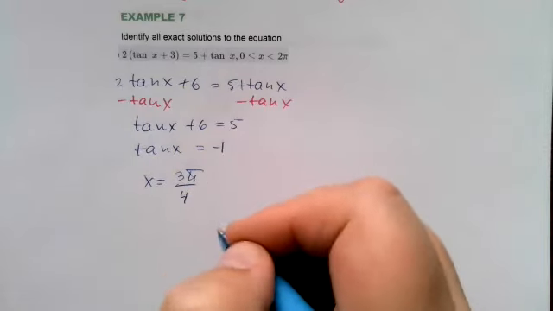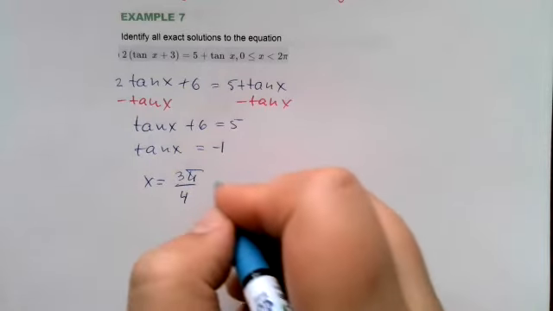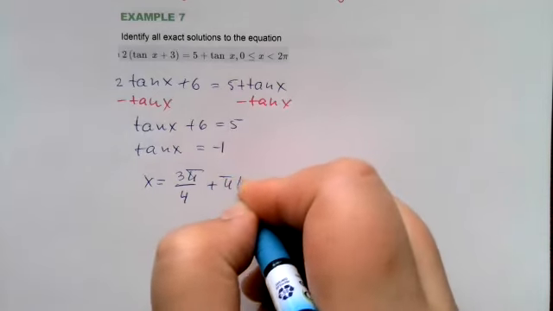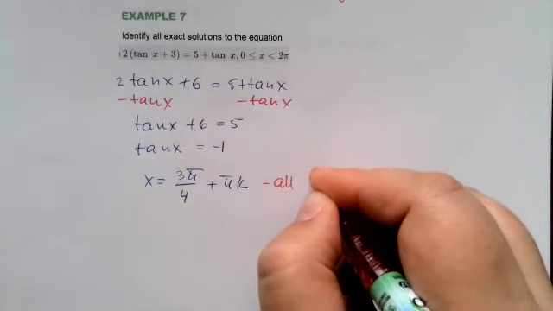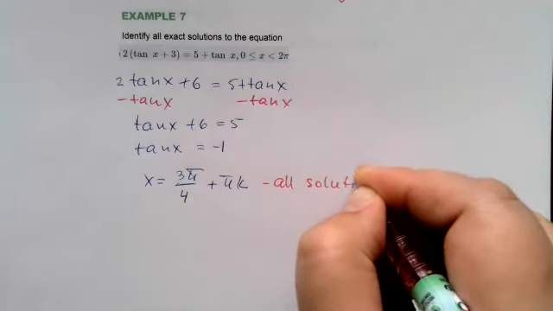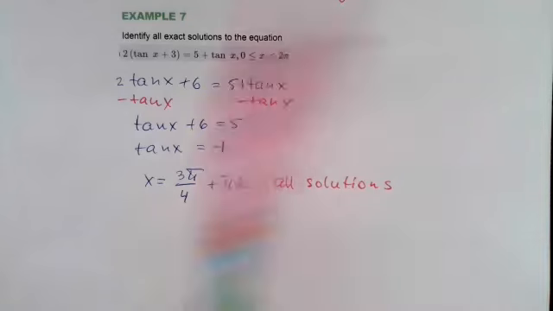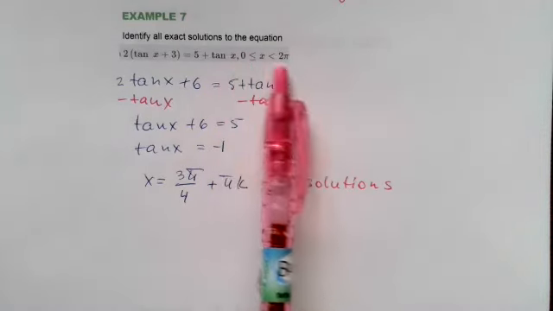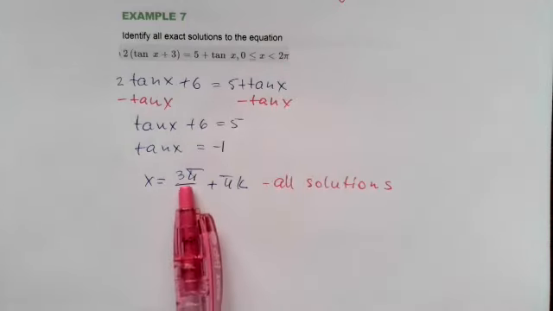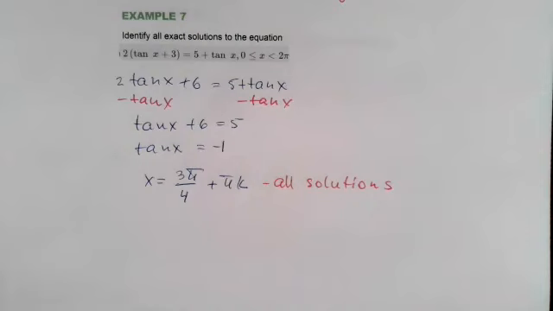If we were looking for all solutions, we would add pi k, right? That would give us all solutions. But they asked us to find only solutions from 0 to 2 pi. So 3 pi over 4 is the solution from 0 to pi.